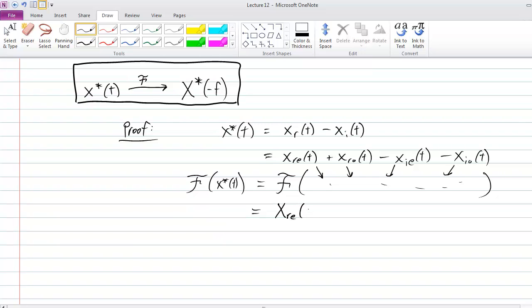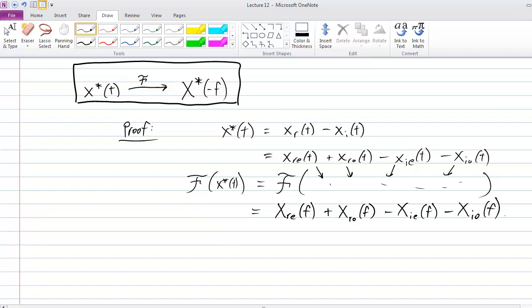You have to just remember that this subscript RE does not mean that capital X is real and even. It means this is the Fourier transform of this, which is real and even in time. Okay? Plus X real odd, minus x imaginary and even, minus x imaginary and odd.